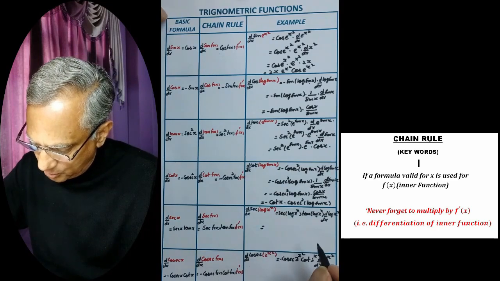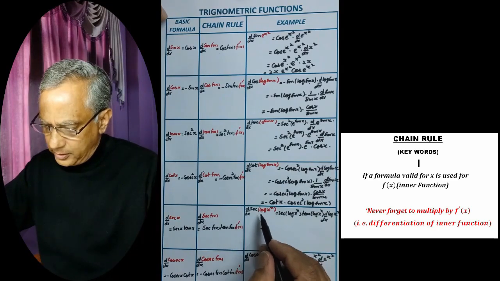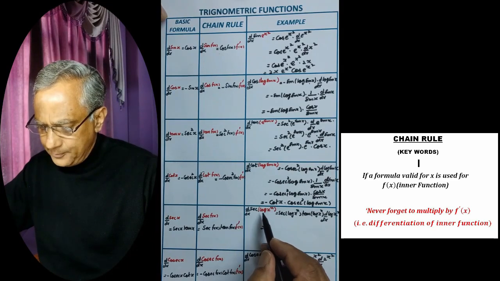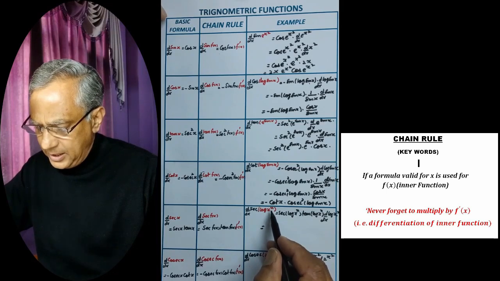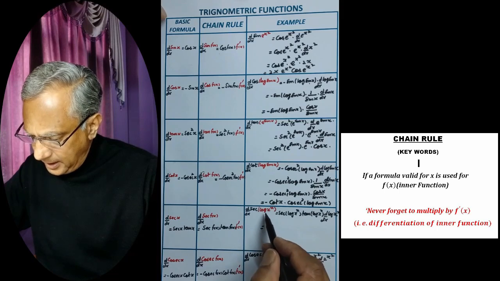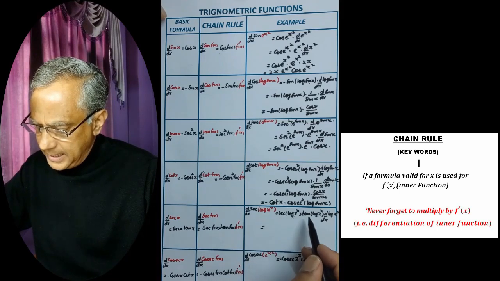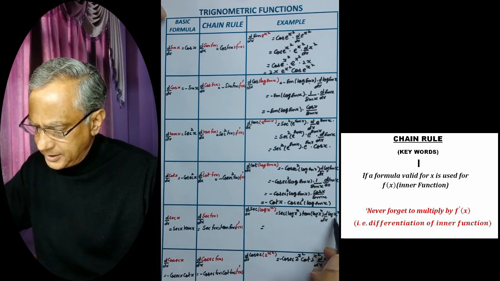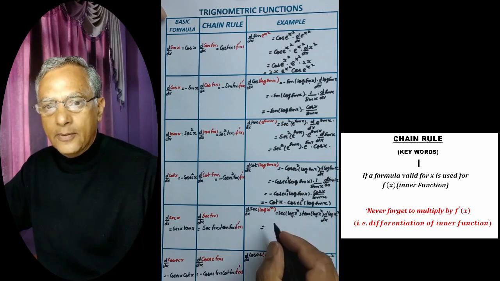And this is equal to, now d by dx of secant log x to the power of n. So this will be the inner function. So we have secant x tangent x into d by dx of inner function.